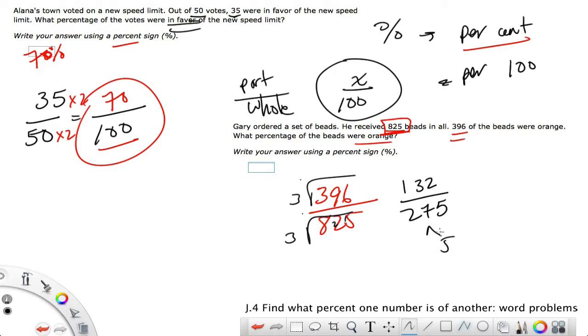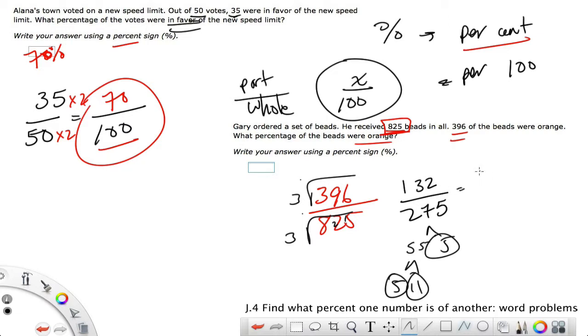We divide 5 in. 5 goes into 275. Well, it goes into 27 5 times with 2 left over, 5 and 25, so it goes in 55. So this one then becomes 5 and 11. Since I have 5, 11, and 5 as my factors on the bottom, and 5s don't go into the top one, I can pretty much guess that it's going to be 11 on top. And sure enough, I recognize this as a multiple of 11.